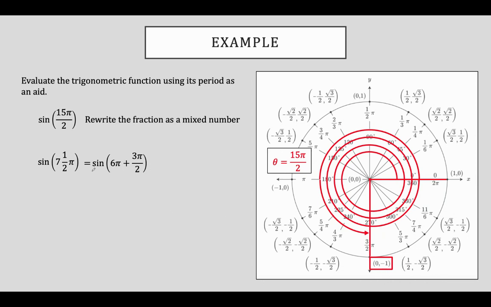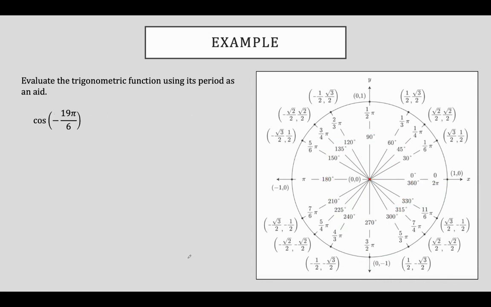So what does this mean? The sine of 6 pi plus 3 pi over 2. Well, 6 pi is just a complete revolution, so we don't even have to worry about that. That's equal to the sine of 3 pi over 2. To evaluate the sine of 3 pi over 2, we need to look at the y-coordinate associated with that angle, which is negative 1.